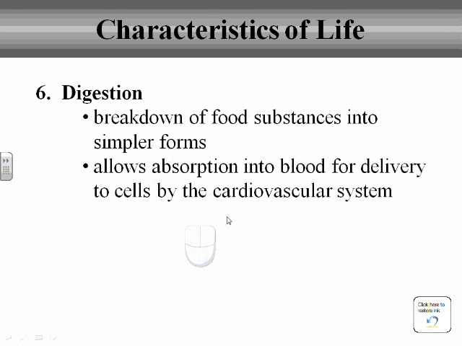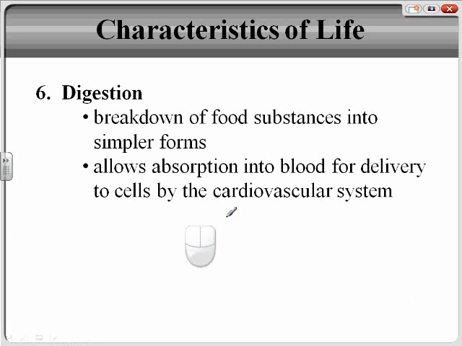Digestion is another key characteristic for living things. Basically breaking down what you eat and what you consume into a simple form, right? The reason that food needs to be broken down is so that it can be absorbed into the bloodstream and can be carried through the cardiovascular system to all of your different cells.